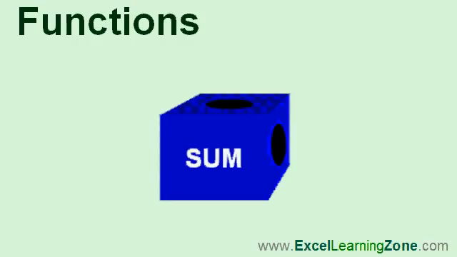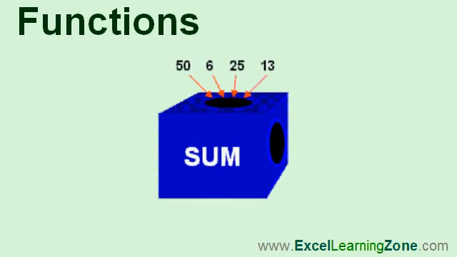One of the easiest functions to use, and one of the most popular, is the function sum. Now, if it helps you to visualize it this way, think of the sum function as a little blue box. It's got a hole on the top and a hole on the side. Now you're going to take all the numbers that you want to add up, let's say 50, 6, 25, 13.